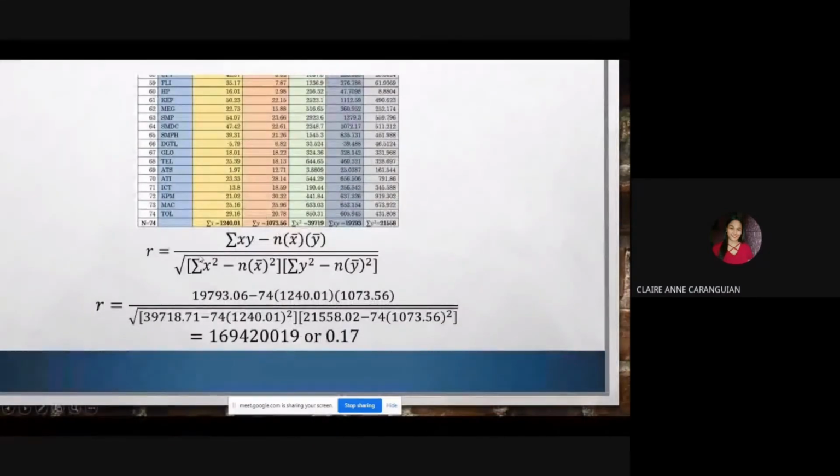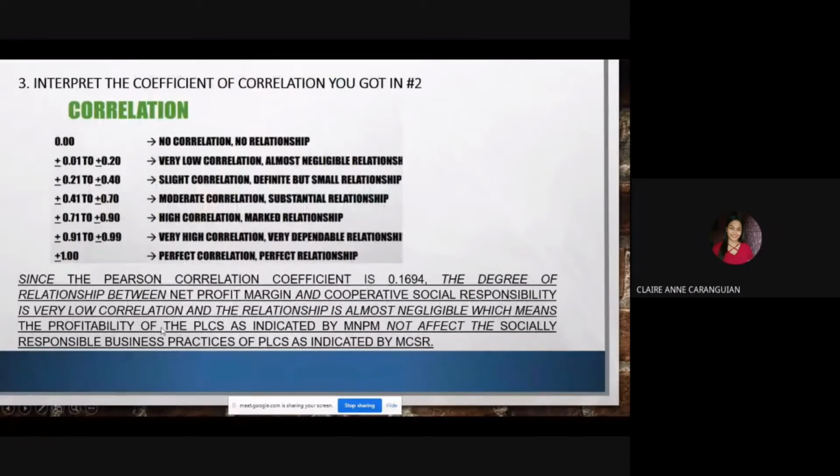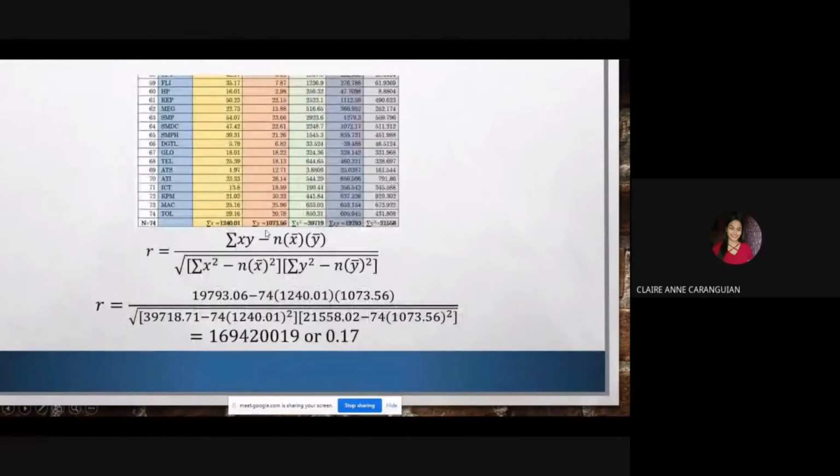So, this is the formula we will use, the formula of the correlation coefficient. Summation of xy.